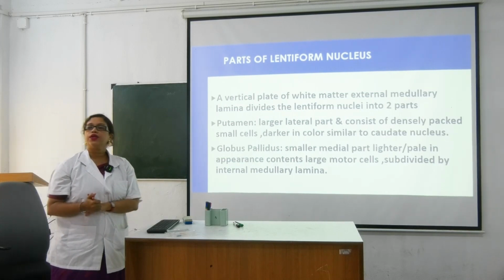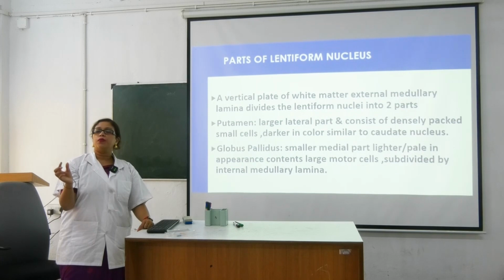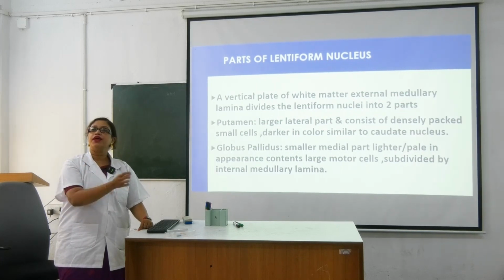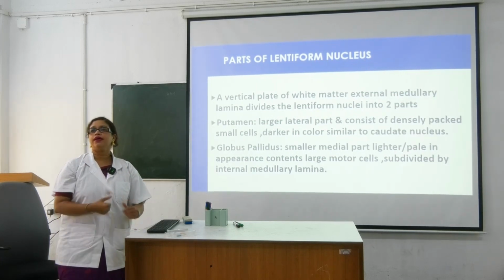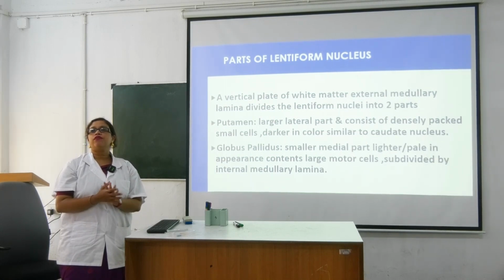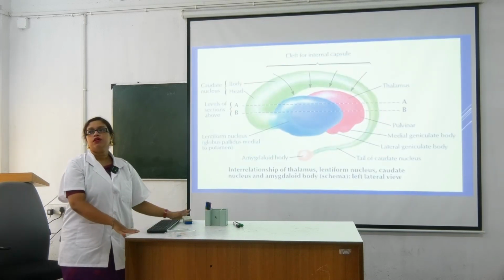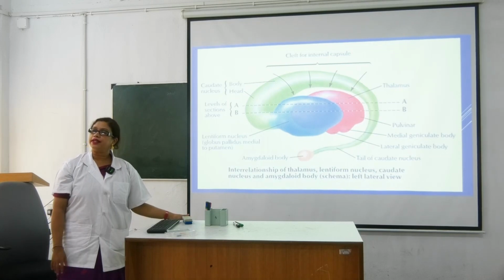So where will you get the internal medullary lamina? Only in the globus pallidus. Who subdivides the globus pallidus again? Internal medullary lamina. And there would be large cells. So that is all about the caudate nucleus and lentiform nucleus.